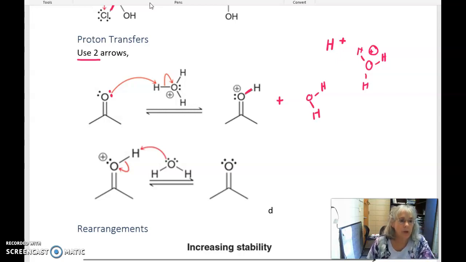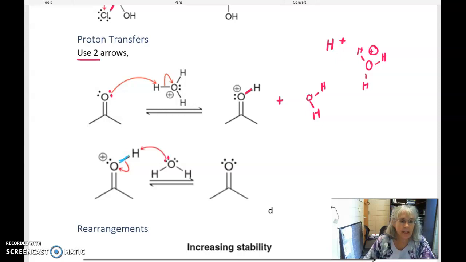Here's another proton transfer. We've got electrons here that attack this proton. These electrons go to the oxygen here. So let's make some different colors.